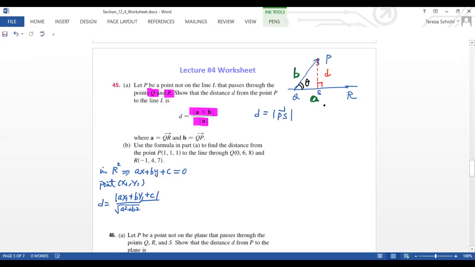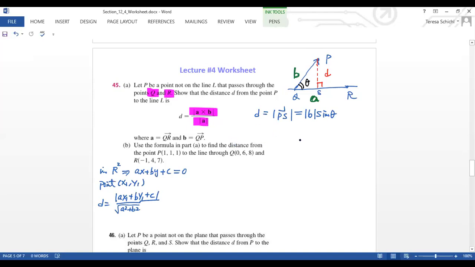Now I know this is a right triangle, so it's sine theta times QP. So this will be the length of B times sine theta here, correct?